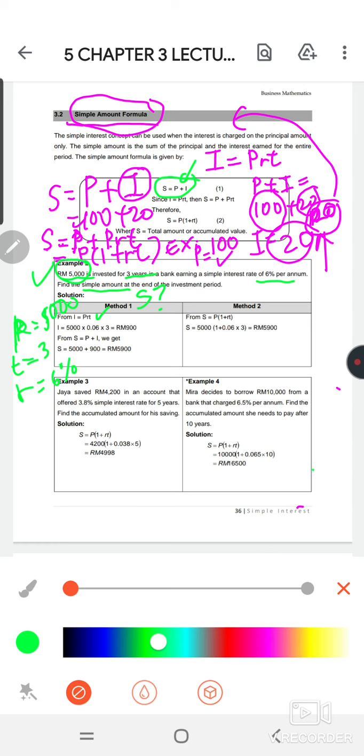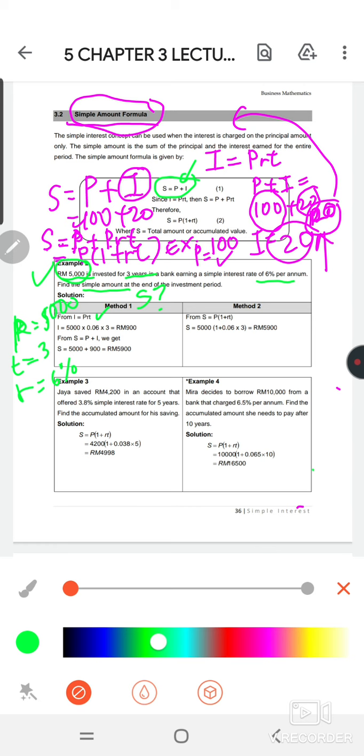Or you can use method 2. Method 2 means you calculate everything at once. For method 1, you calculate one by one: first you calculate I, and then you substitute into the formula S equals P plus I, meaning you substitute the value of P and the value of I. If you use method 2, you use formula number 2, S equals to P(1 plus RT).